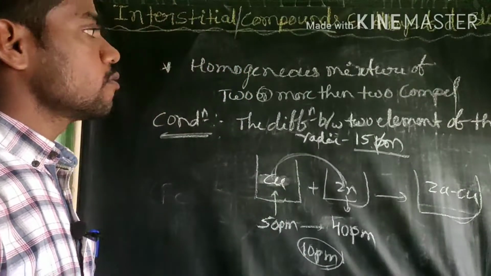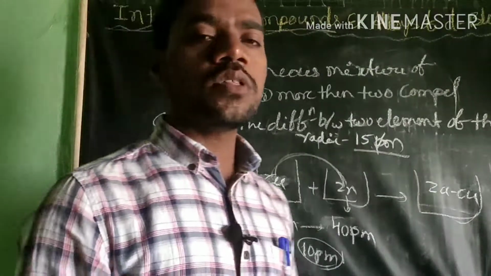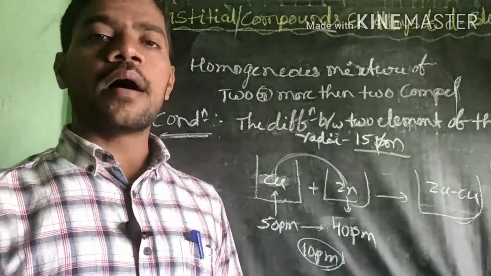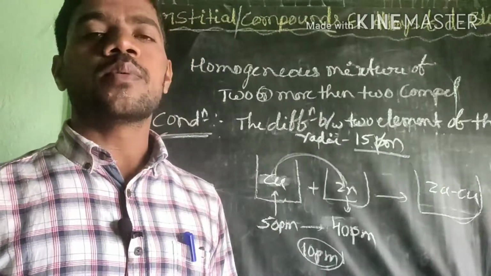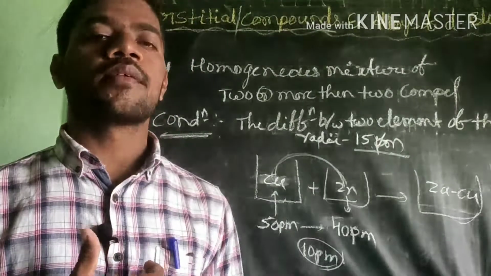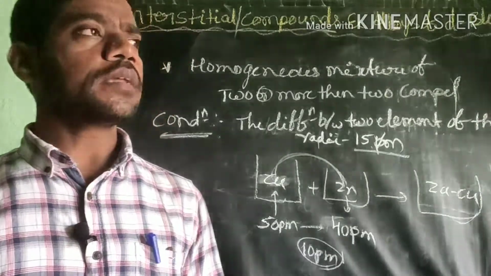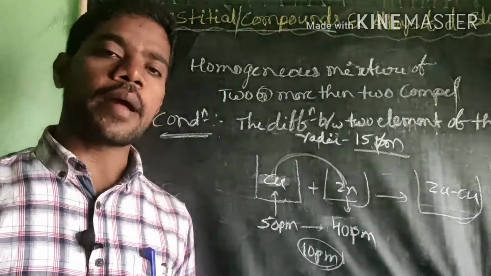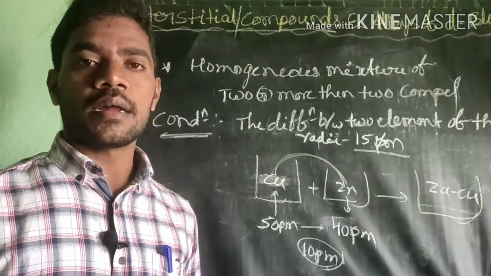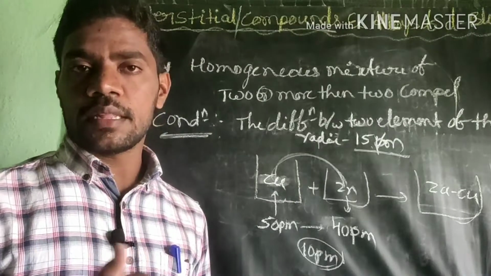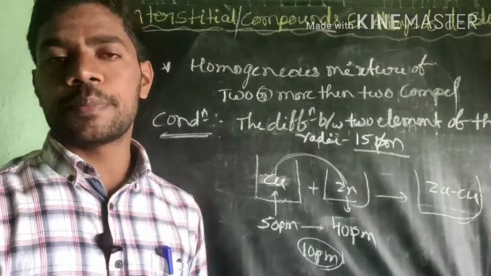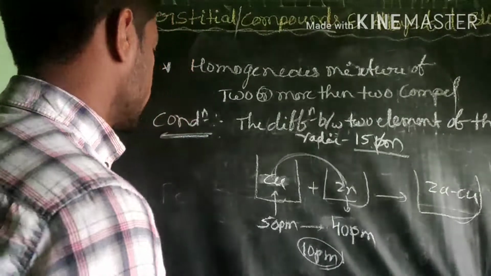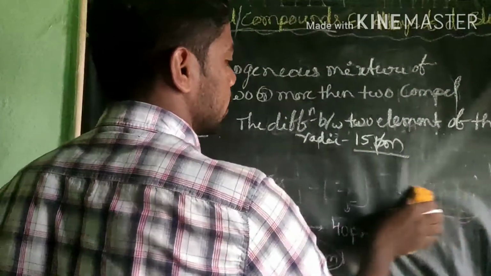Therefore, alloys means a homogeneous mixture of two or more than two compounds to form a solution, that is called alloys. Alloy formation must be on the condition that the difference between the radii of the atoms is 15 picometer or less. Then they are called alloys.